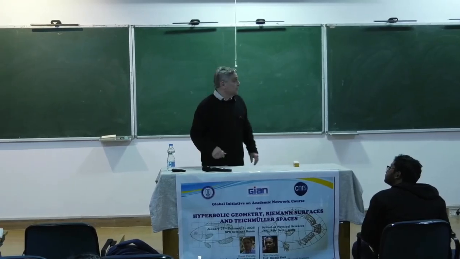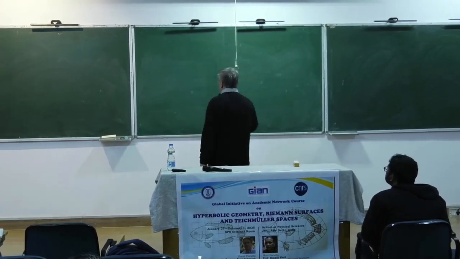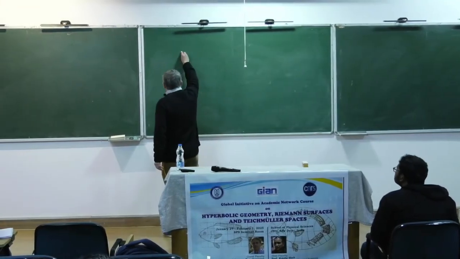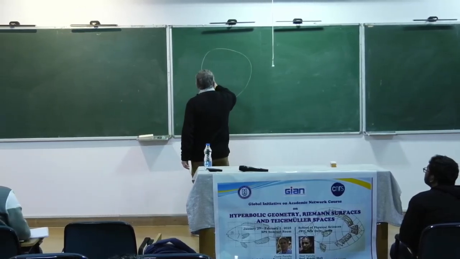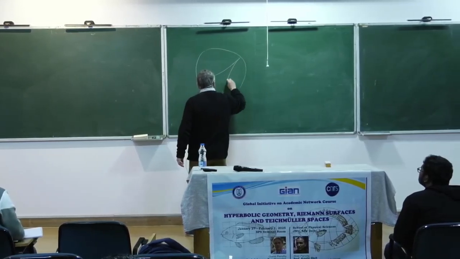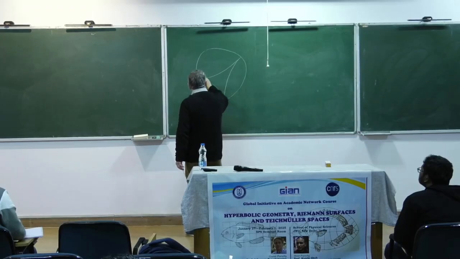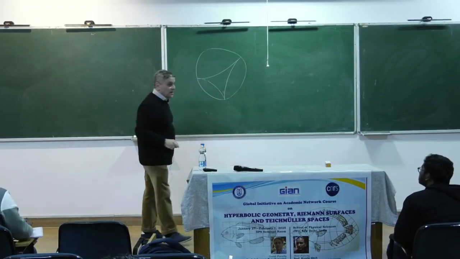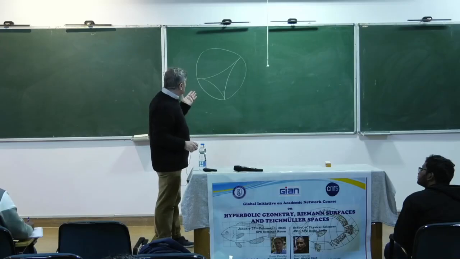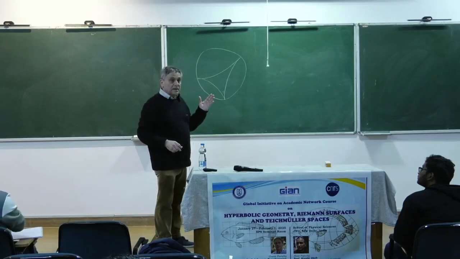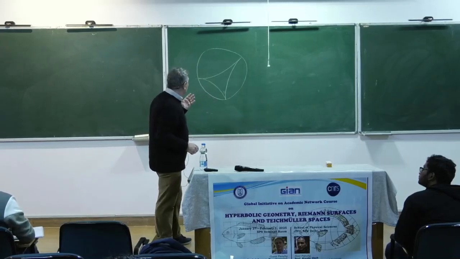Some information about last time's talk. You remember we talked about ideal triangles, and we said that there's essentially one ideal triangle in the hyperbolic space.